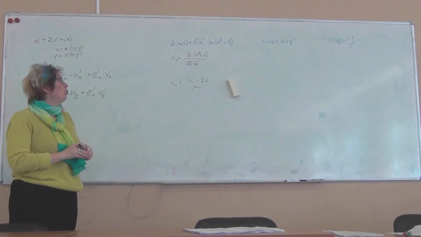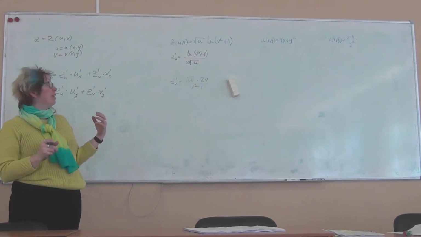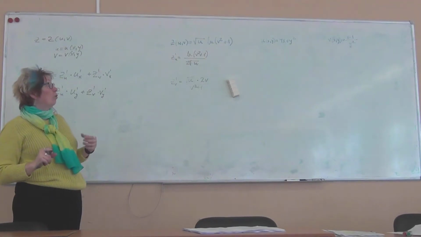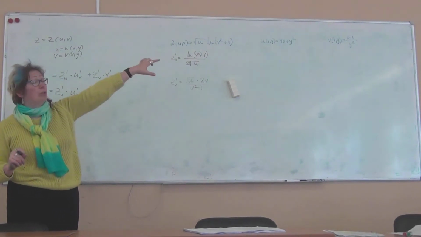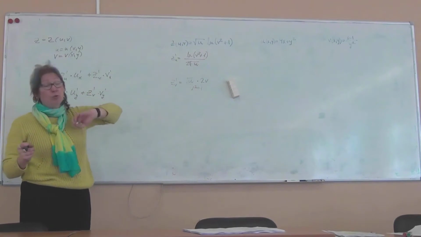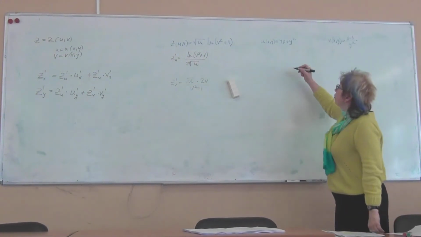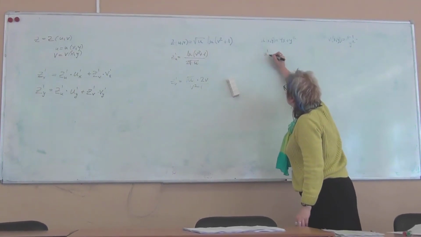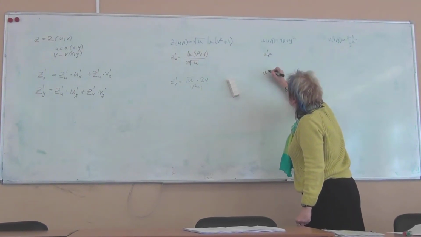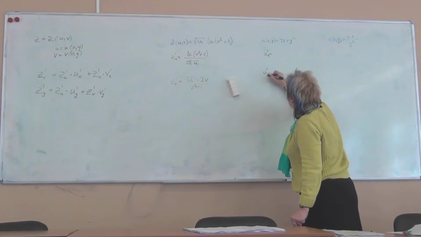So we have 2 derivatives which were comparatively simple to find. It would be much more difficult if I had to put those functions in there and do something more with these.